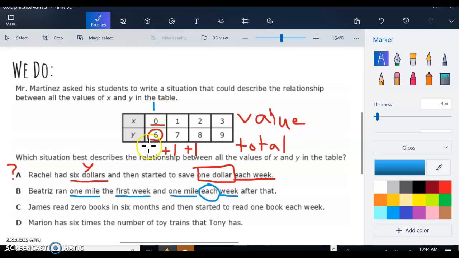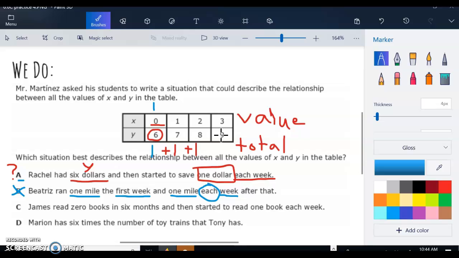For y, those values don't match up in our table. So I'm going to eliminate answer choice B. Remember, you're starting out at a total of 6. That's why we're going to keep an eye on answer A, because we started out at $6 and then added 1 to each total.